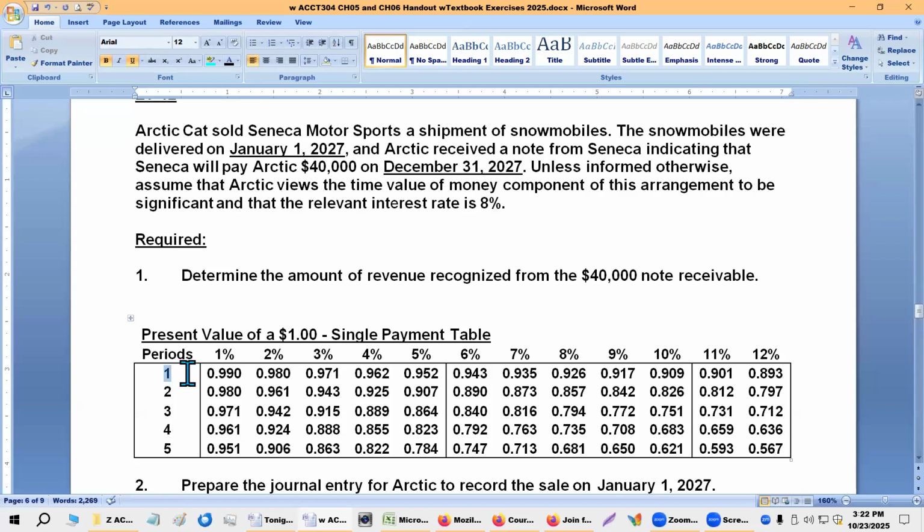So our one period, interest rate is 8%. So we're going to take the $40,000 note.